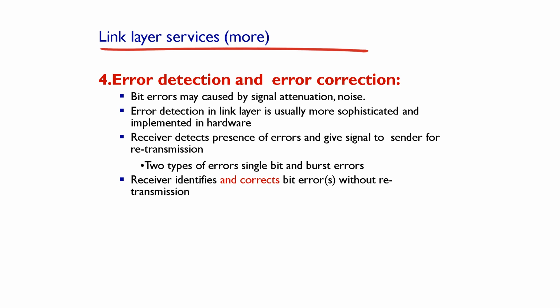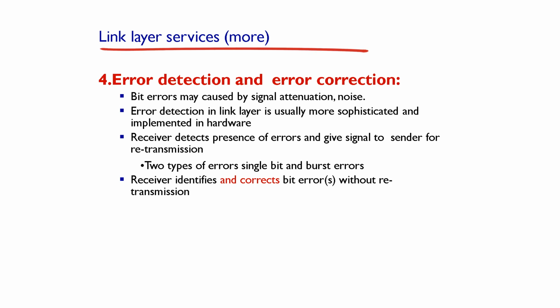Then the next service provided by the link layer is error detection and correction. Bit errors may be caused by signal attenuation or noise. We know that the physical layer is using hardware channels, wired or wireless, for the communication, and there is a chance of error because the channel is not reliable. And the data is moving in the form of signals.